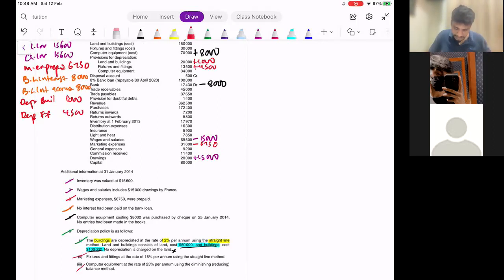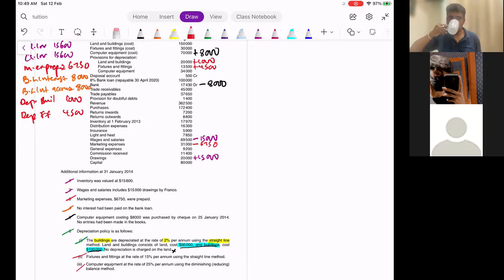Next one is computer equipment 25%, reducing balance method. Reducing balance method is computer 70,000 plus 8,000 minus 34,000 times 25%. Okay, depreciation for equipment, you're wrong. Can you do again? Can you tell me how much?